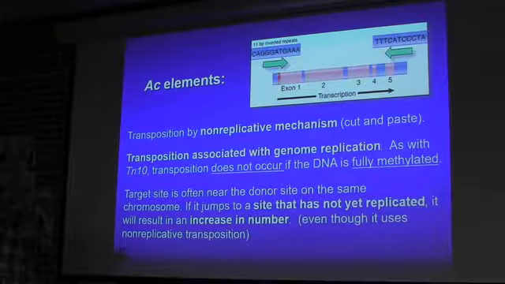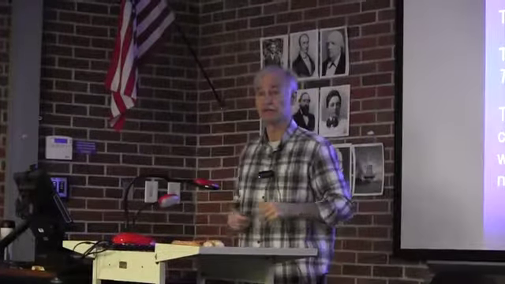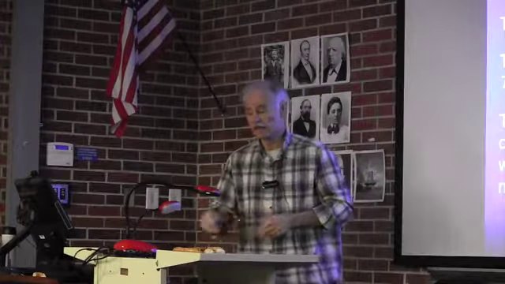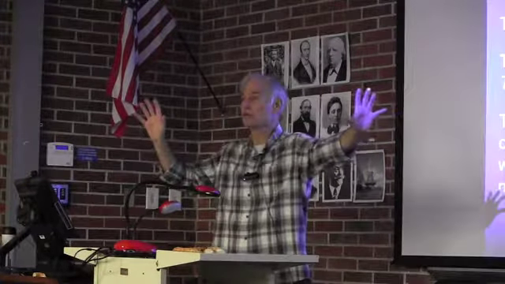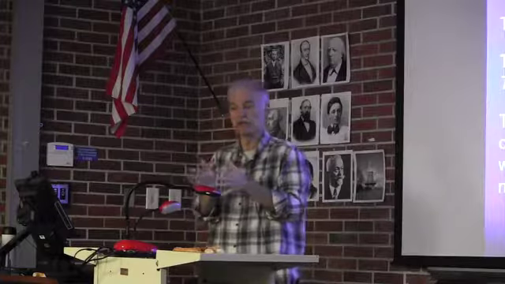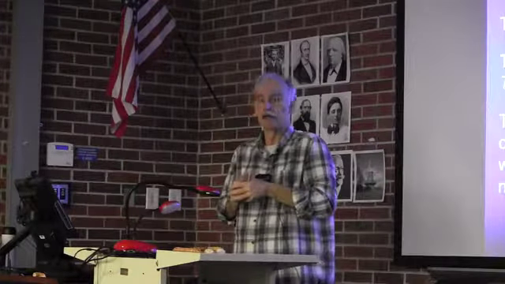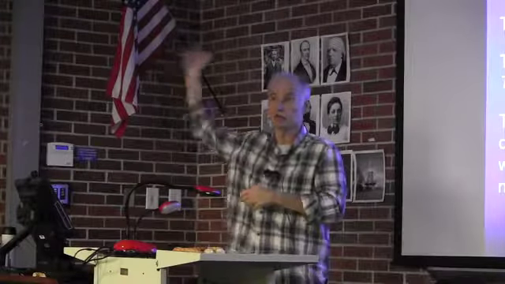So if it jumps to a site that's about to be replicated to make two copies, then DNA replication of the host duplicates it. That's the only way. On a chromosome, you've got 1,000 different origins all firing off. So it's entirely possible to have a region that's not yet duplicated jump into another region not yet duplicated, and then all of a sudden the region it just jumped into gets duplicated.